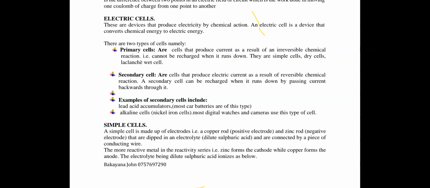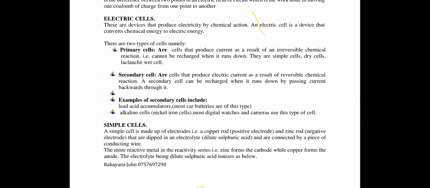All those batteries that you see being used in cars are lead acid accumulators. Lead is the negative electrode and lead peroxide is the positive electrode. Then the acid inside is dilute sulfuric acid, which is used as an electrolyte.